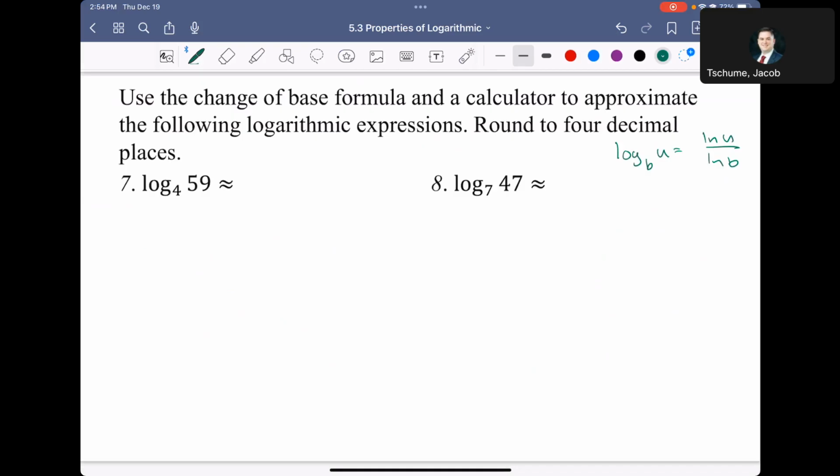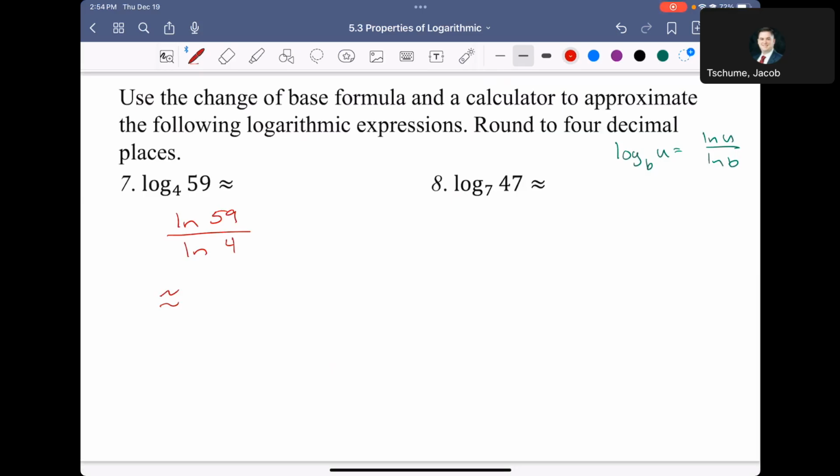So when I'm asked to simplify the log base 4 of 59, I can rewrite this as the natural log of the number inside, which is 59, divided by the natural log of your base, which is 4. And from here, you're going to have to just get your calculator out and approximate this.